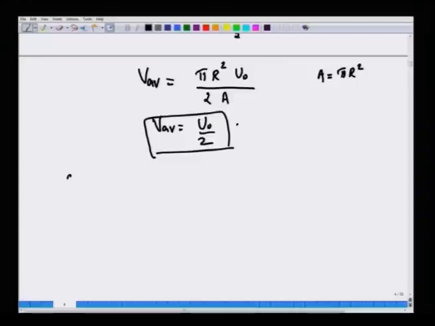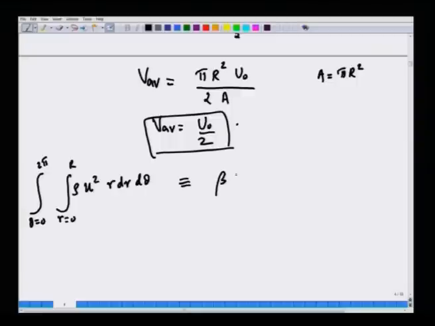So, we have to do another integral where r is 0 to R, theta is 0 to 2 pi, rho u squared r dr d theta is equal to, remember this is the definition of the momentum correction factor, and we want to find what beta is. We want to essentially find an expression for beta.